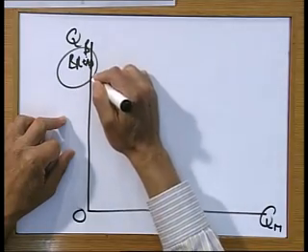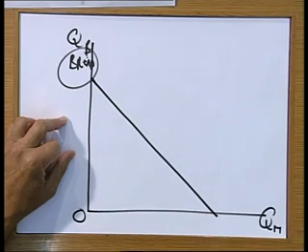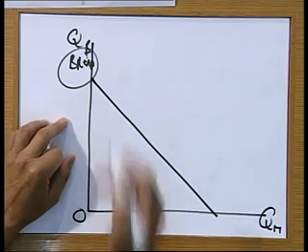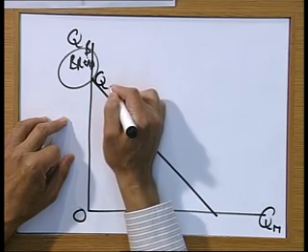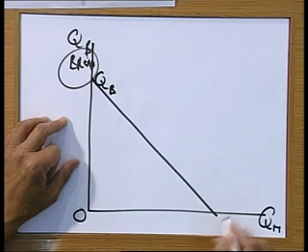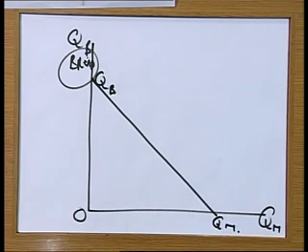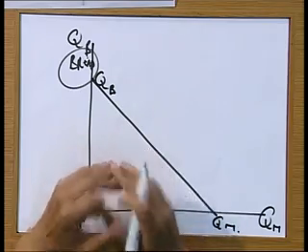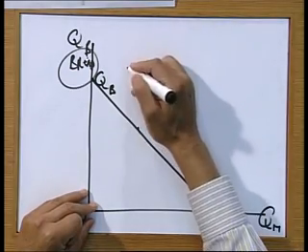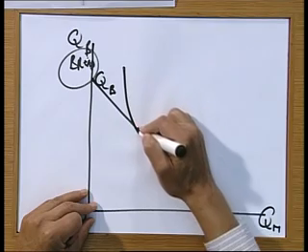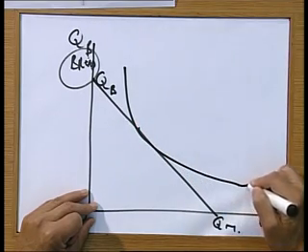So where do we start off? We start off with the original budget line. We draw the original budget line, right? Okay. Now let's label the original budget line. That is Q bread and Q meat. So that is the original budget line, right? And then where's the consumer in equilibrium? Where the highest indifference curve is tangent to the budget line. So in this example, we draw an indifference curve which is tangent to the budget line.